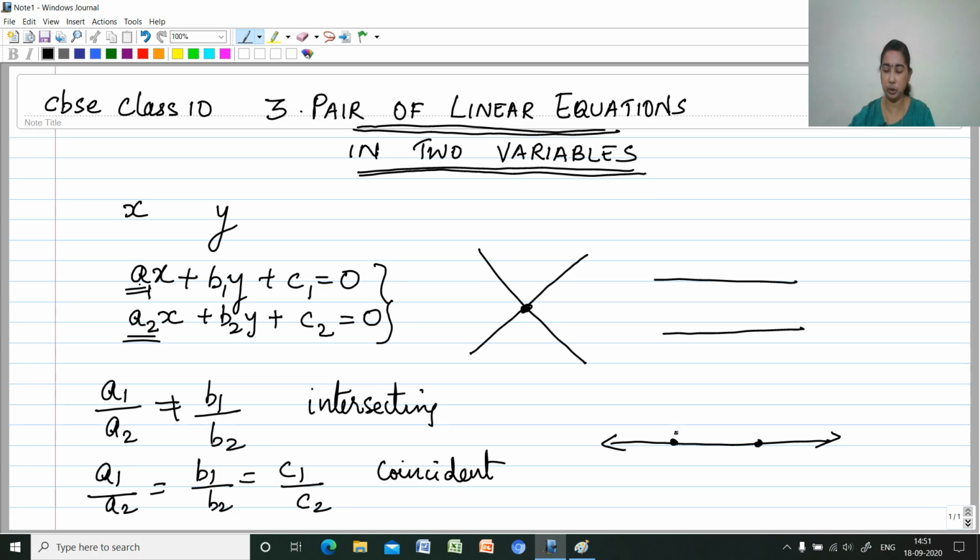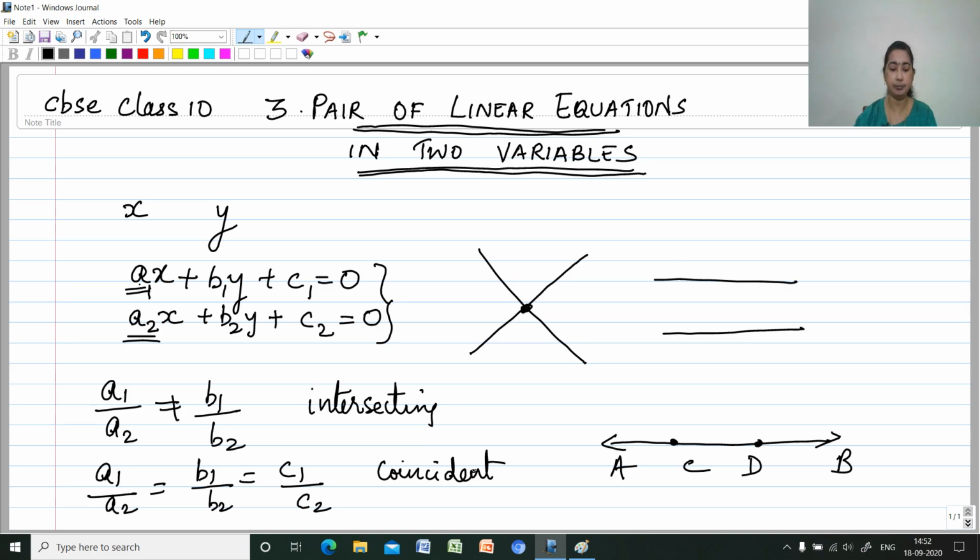These two lines you can see here, AB is a line, CD is another line. So it is on that line itself. In that case, you will have so many solutions because these all will be solutions. So a1 by a2 equal to b1 by b2 equal to c1 by c2, then we call it coincident lines.